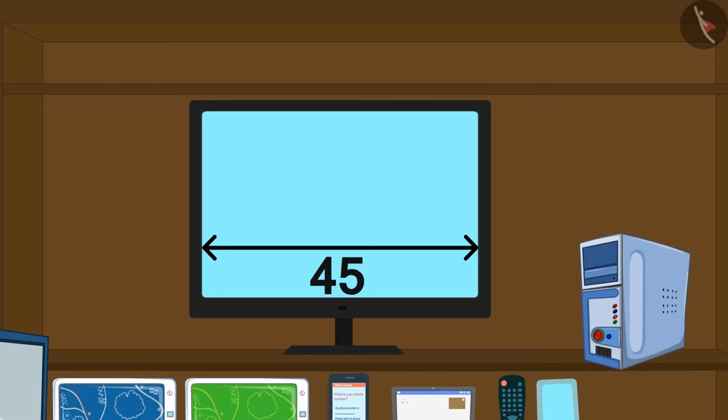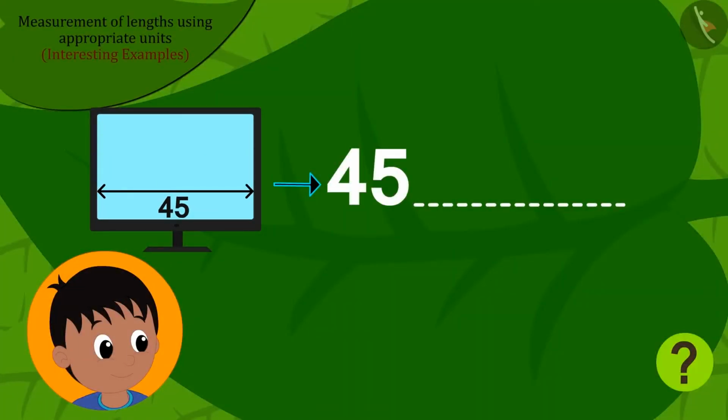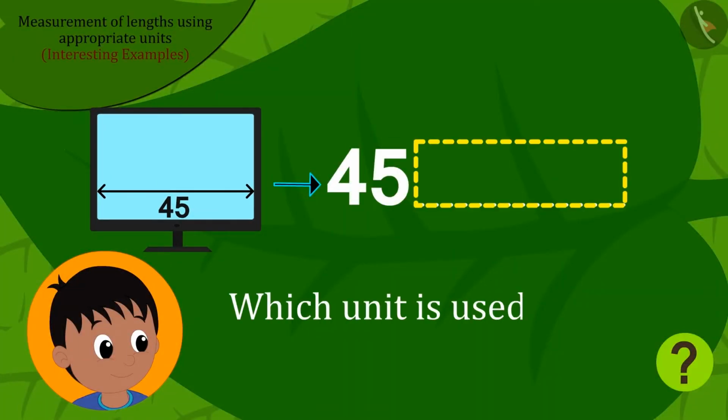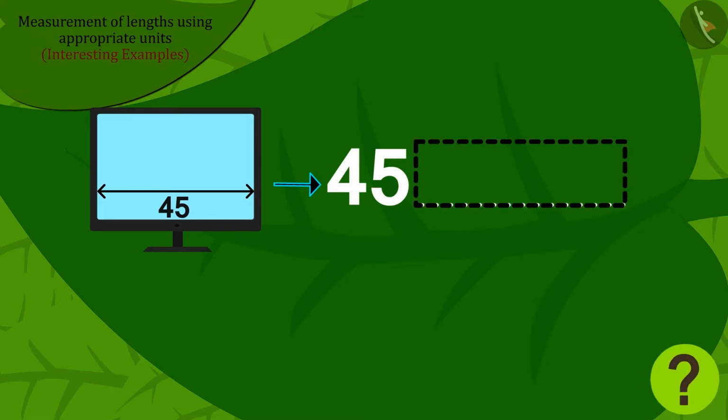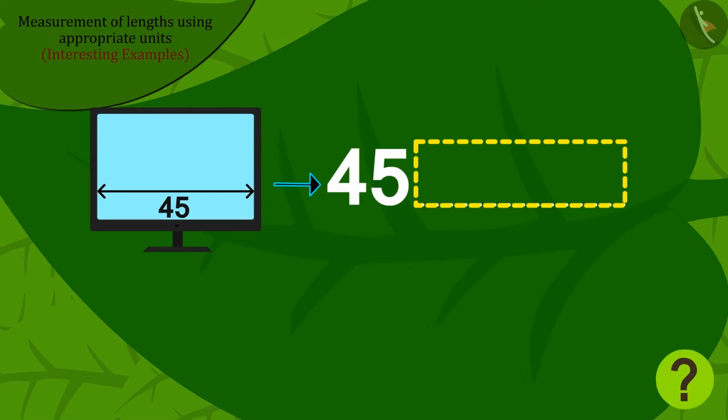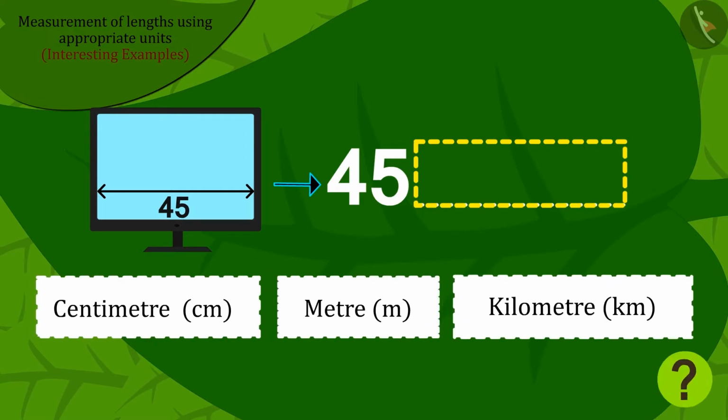Raju came to know that the length of the screen of the monitor was 45. But Raju did not understand which unit was used for it. Children, can you tell, for the length of the monitor screen, which unit should be used next to 45?